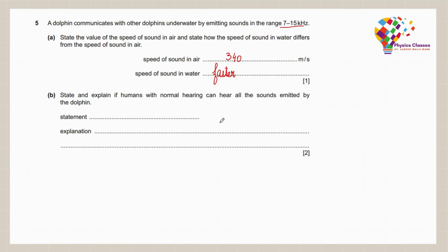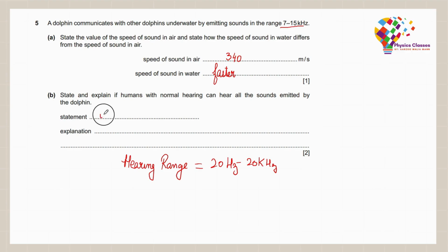Then for the B part, state and explain if humans with normal hearing can hear all the sounds emitted by the dolphin. So the normal human hearing range, which is also called the audible range, is between 20 hertz to 20 kilohertz.